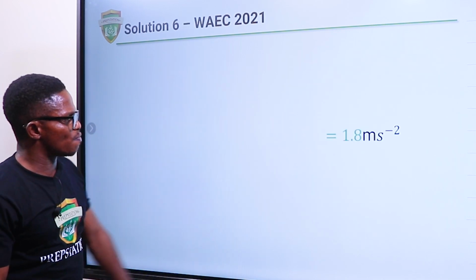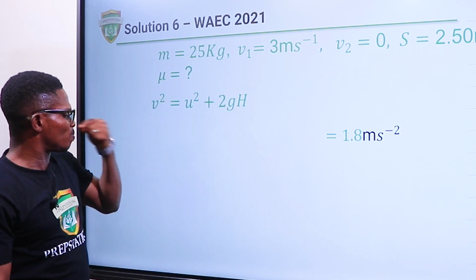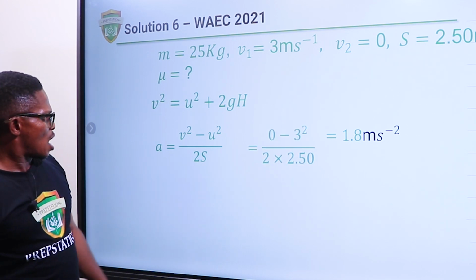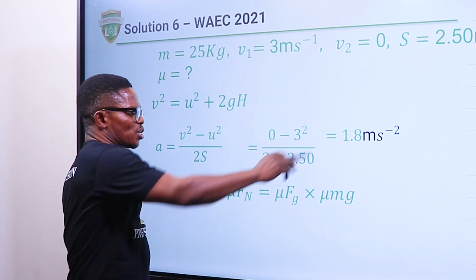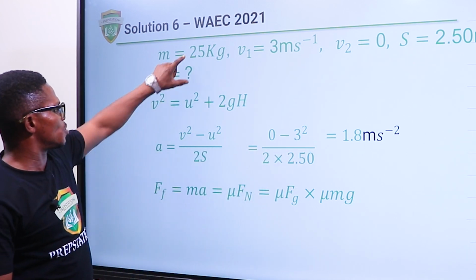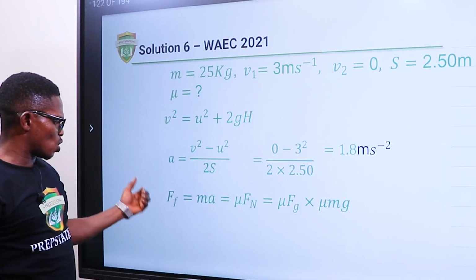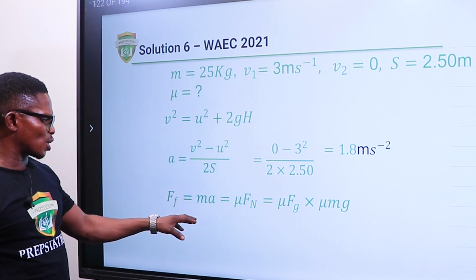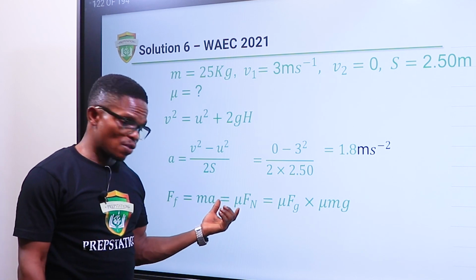So let's quickly find out how we do this. Now there is a formula for friction. So first I'm going to find the acceleration, and then from the acceleration I can find my way out. So I use the equation of motion to find the acceleration, and then use Newton's second law to relate with the acceleration. And then from this Newton's second law, break it down to get mu, and mu represents the coefficient of friction.